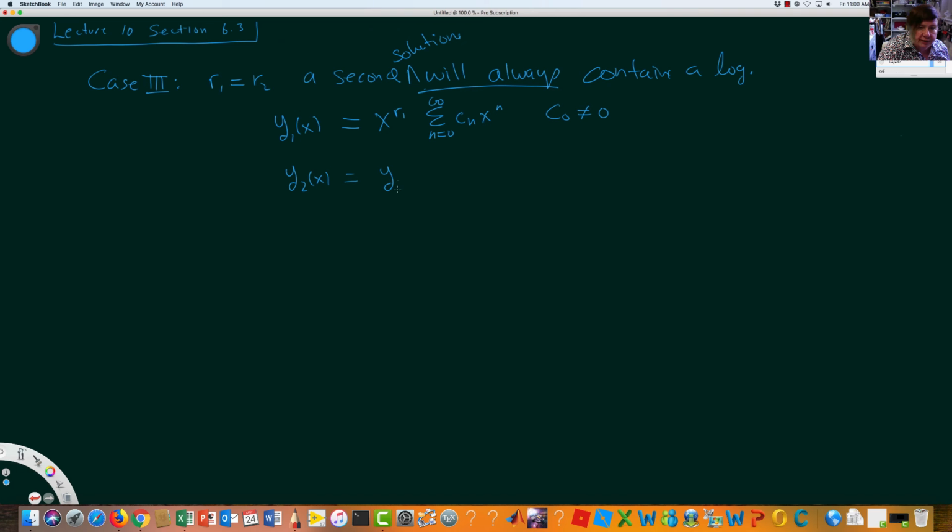So we have y1 of x times the ln of x, plus my Frobenius term x to the r1, well, r2 is equal to r1, you get the point, sum n equals 0 to infinity of b_n x to the n. That tells you what your solution is going to look like, which is great, because if you turn the crank, you do have to do more work to get this part, but you will get a log in there.